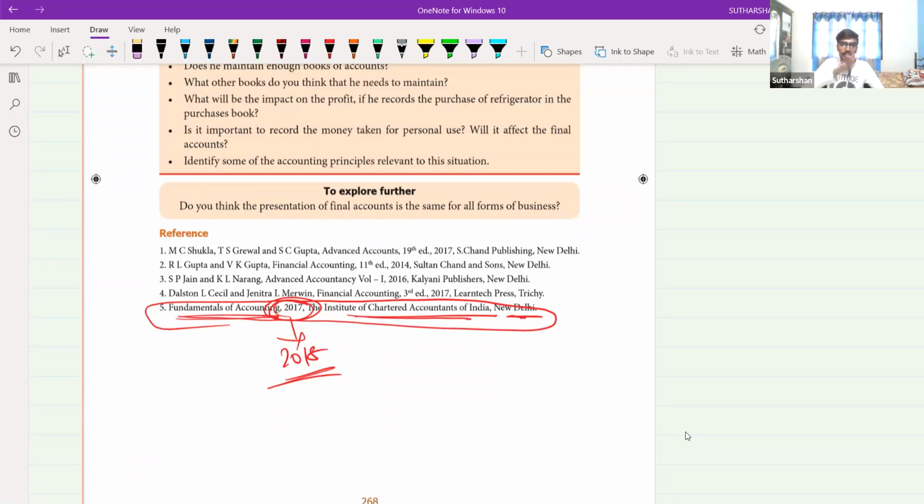CPT means Common Proficiency Test in CA. CA Foundation has theoretical papers. CPT was MCQ based. CA Foundation will be 2 descriptive and 2 MCQ papers. Otherwise, these are the different authors' books, and they are not all needed. BCom students can get this material. We will only focus on this part 5, the CA Foundation material.